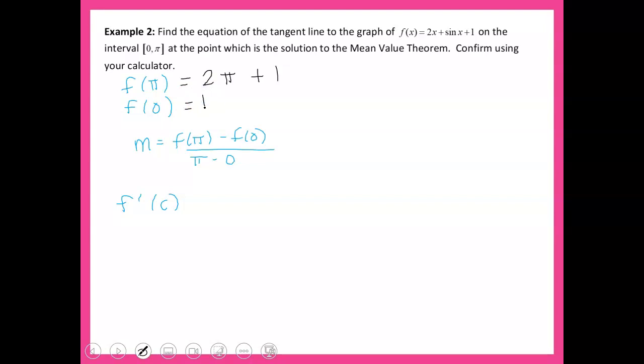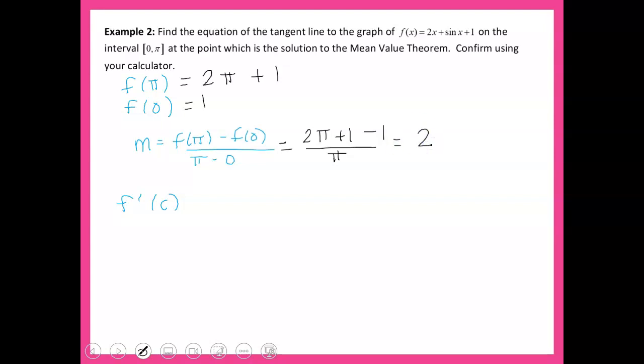So f of pi minus f of 0 is 2 pi plus 1 minus 1, all over pi. It is not a coincidence that the 1s cancel, and then you get 2 pi over pi, which is 2.